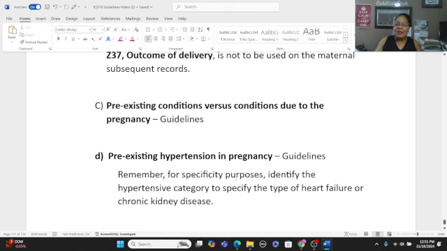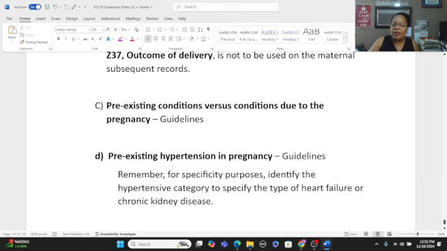I always tell my students, pregnancy complicated by anemia: you can code that in pregnancy, but also code it outside of pregnancy, because is it iron deficiency, vitamin B12, what type of blood loss anemia, what type of anemia is it? So code it in Chapter 15 first, but then also for specificity reasons, code it outside of pregnancy. Go to anemia and identify the specificity of the anemia.